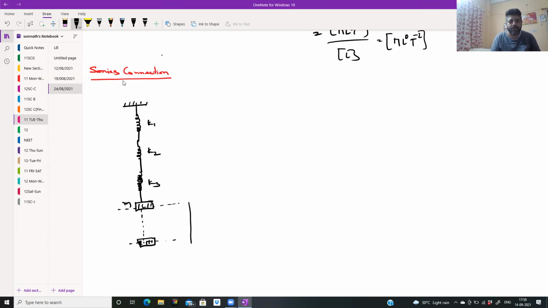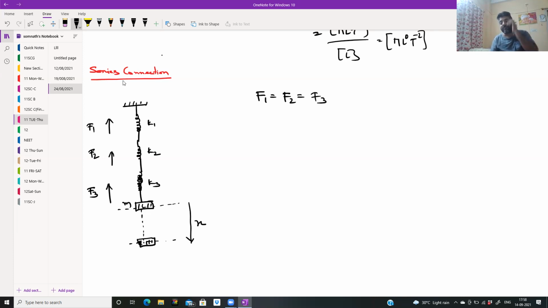If this is my elongation, what happens here? The force applied here is F3, here F2, here F. If we neglect the mass of the springs, we realize that in series connection, the force applied on the first spring equals the force applied on the second spring, and the third spring.